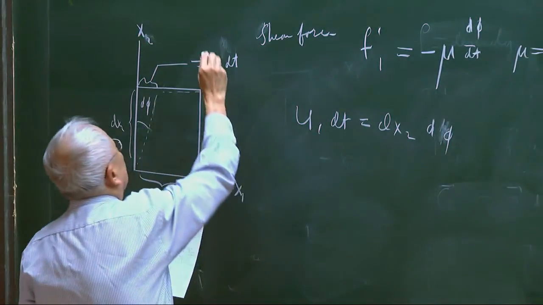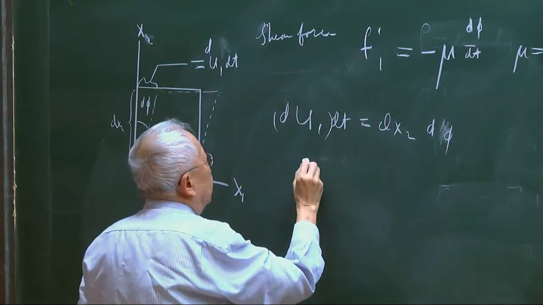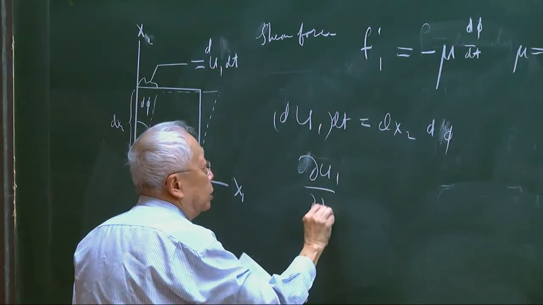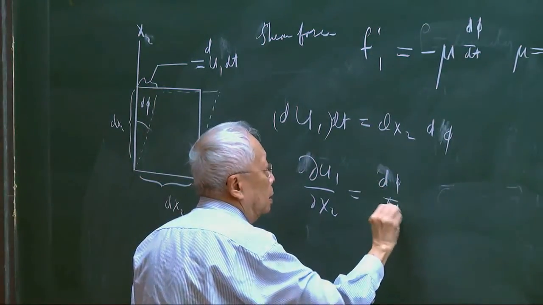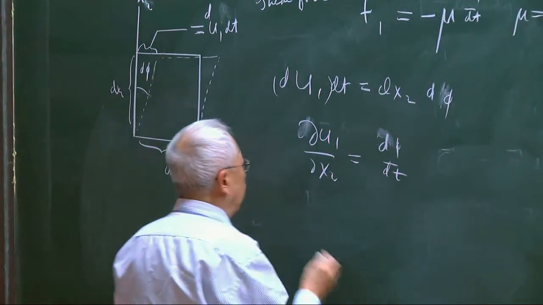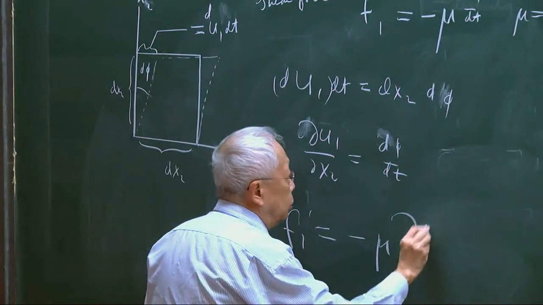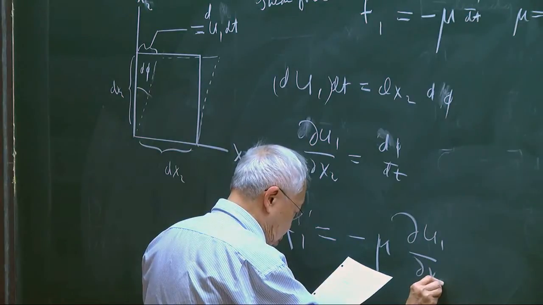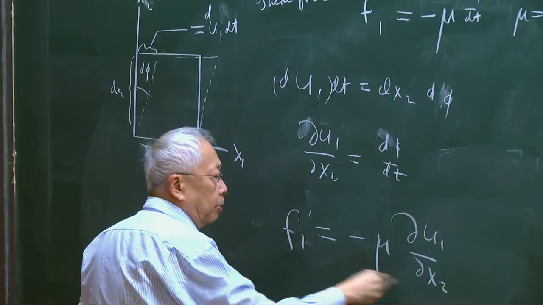This is du1. Therefore du1 divided by dx2 is equal to d phi dt. So we could also say that F1 is equal to minus mu times du1 over dx2. This is the first component.